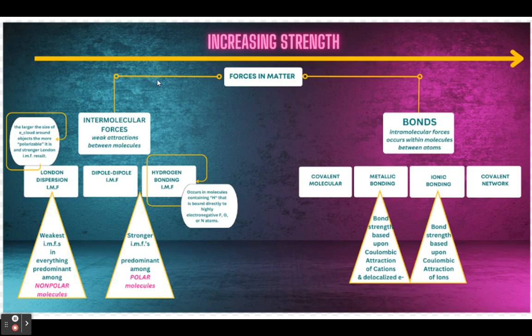The other kind of forces at work in matter are intermolecular forces, the forces of attraction that are very weak in comparison to bonds. These are the forces of attraction that hold one molecule to a neighboring molecule in a sample of a compound.